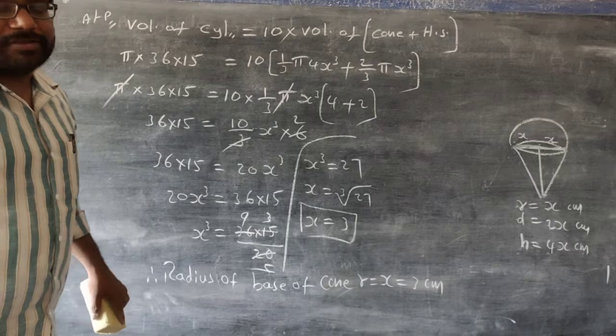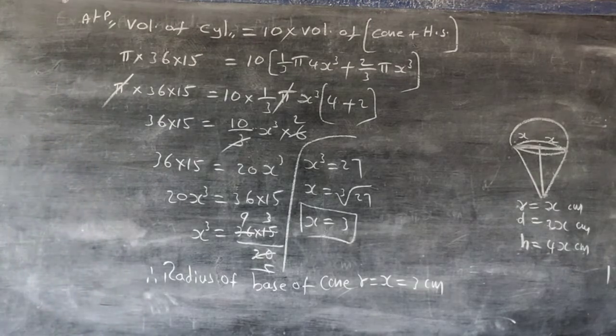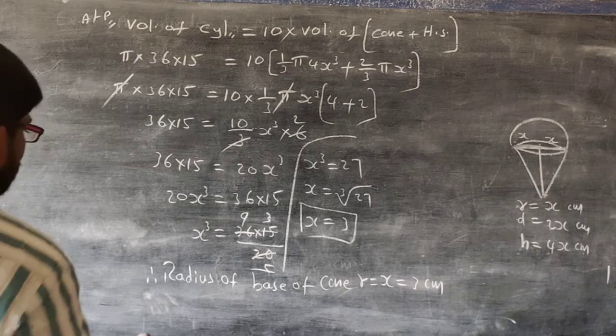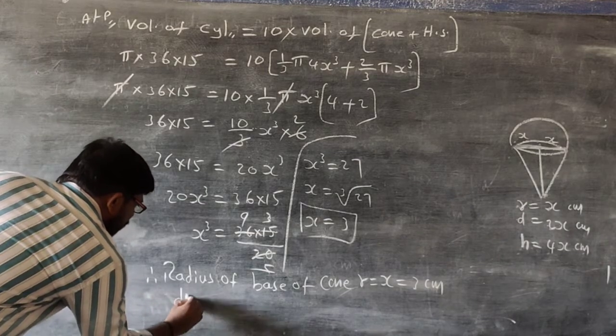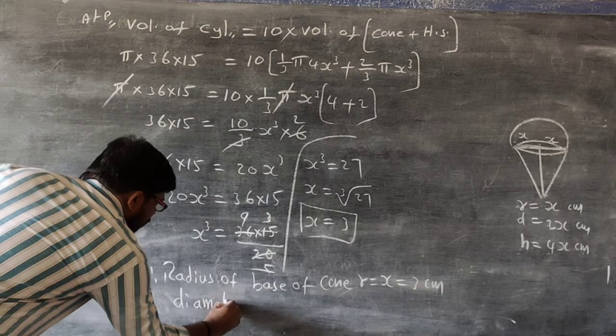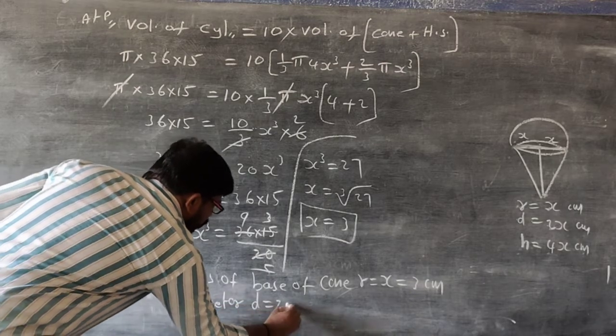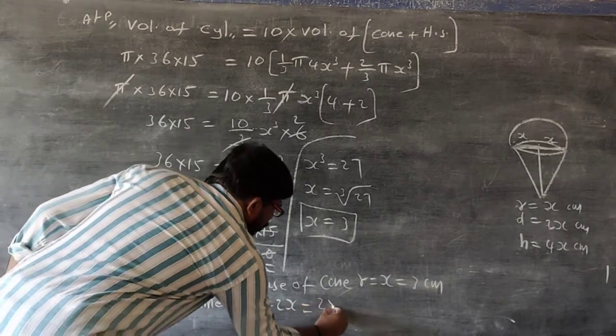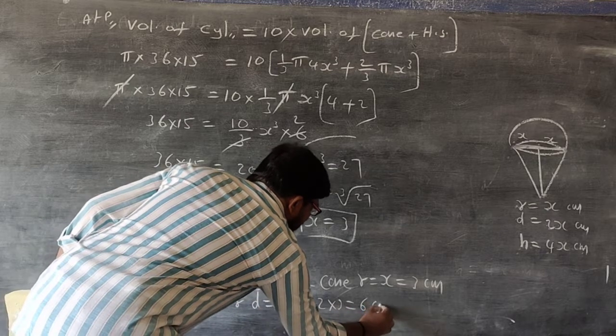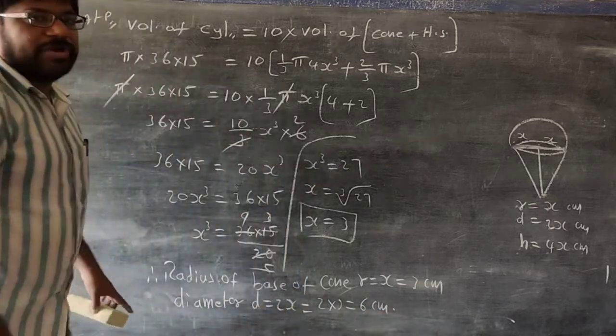And the diameter D is equal to 2x, that is 2 into 3, that is equal to 6 centimeters, right?